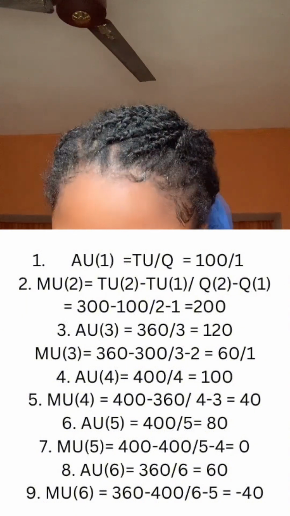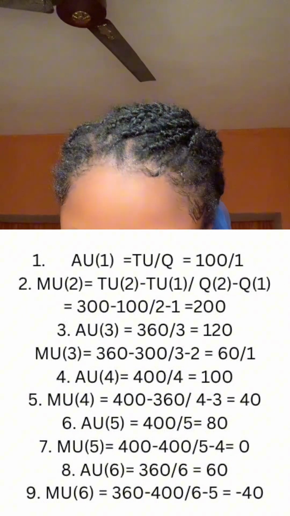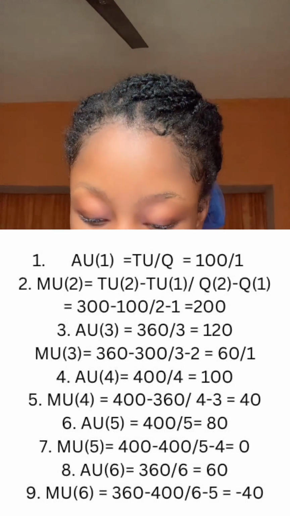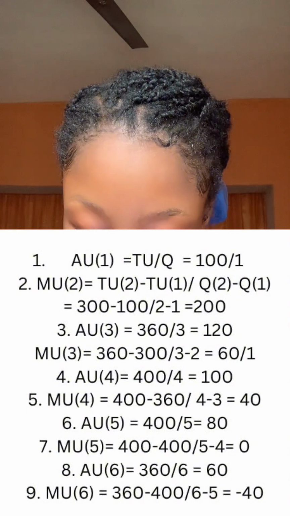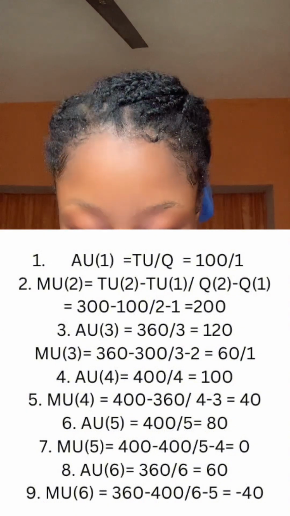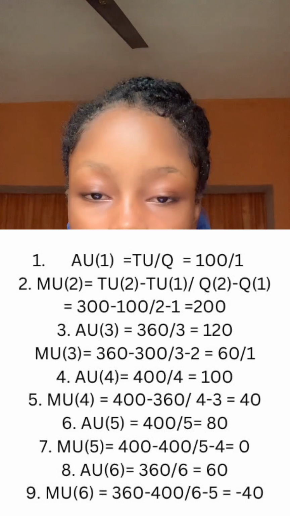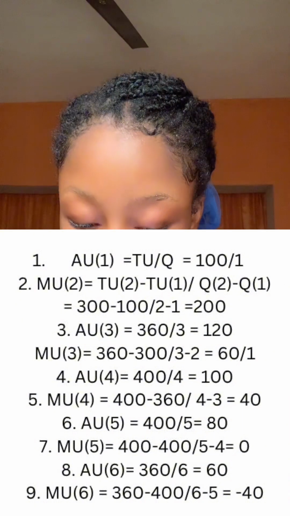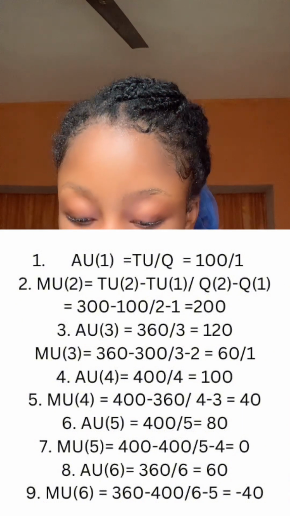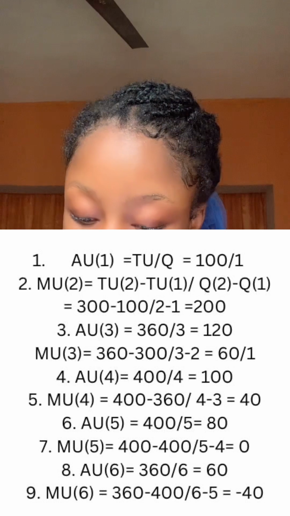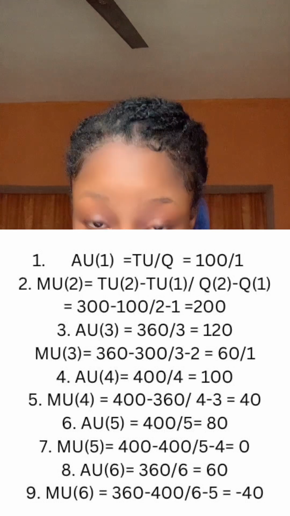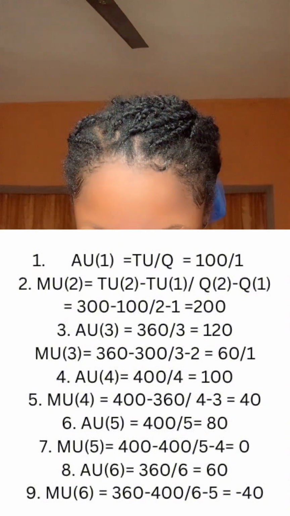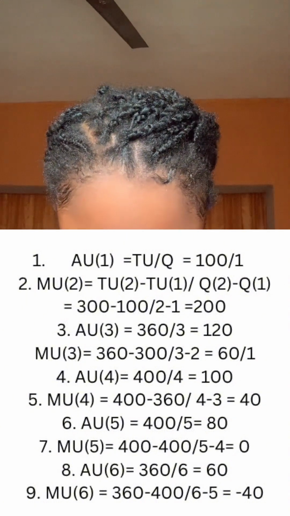Then moving down, we see that quantity has become 6. To get the average utility, you divide 360 by 6, which gave us 60. Then to get the marginal utility, remember, it is a change in total utility divided by a change in quantity. So therefore, marginal utility was TU6, total utility at quantity 6, minus total utility at quantity 5, which is 360 minus 400, divided by 6 minus 5, which led to minus 40.